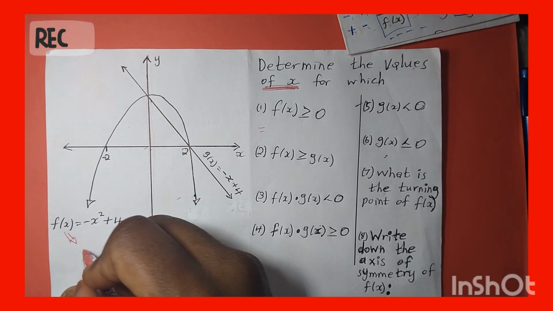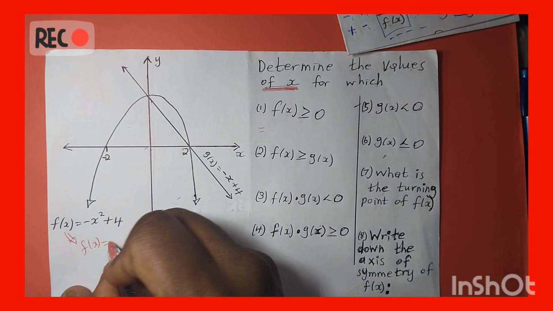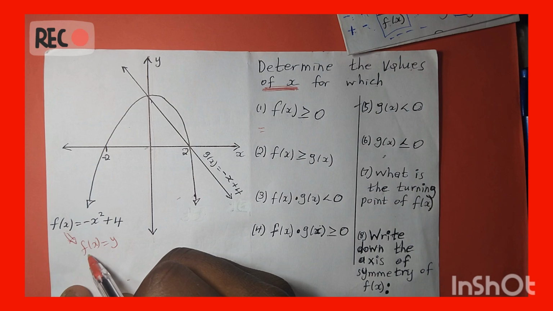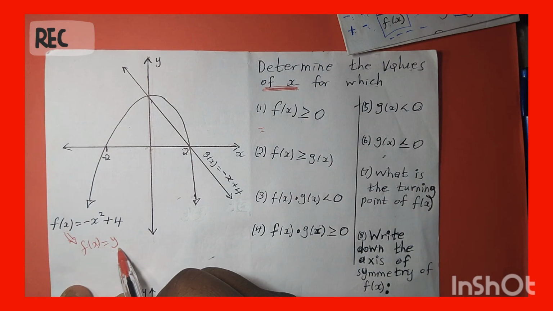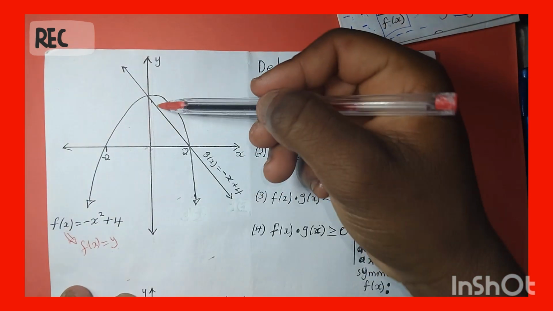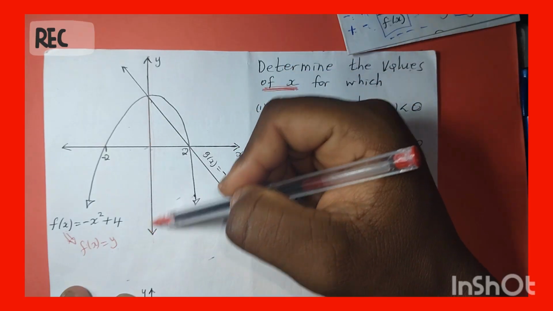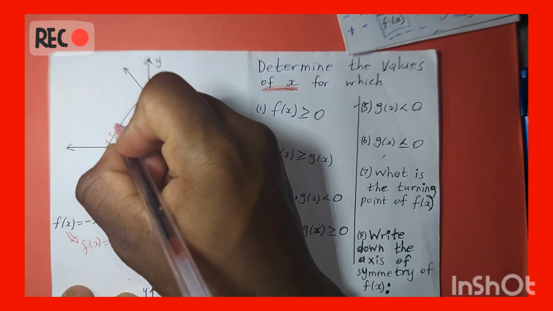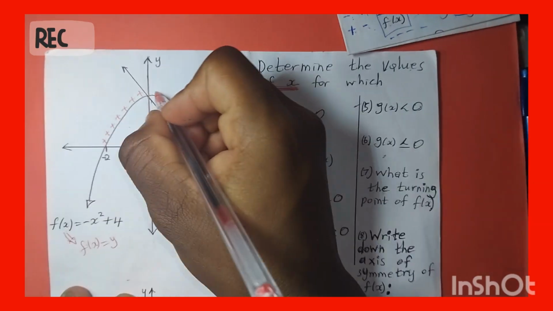Remember when I told you in that previous video that f of x is the same as the y value. It means that f of x is represented by the y value. So the graph here is positive according to the y values.